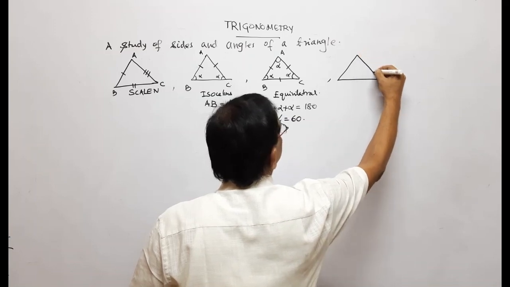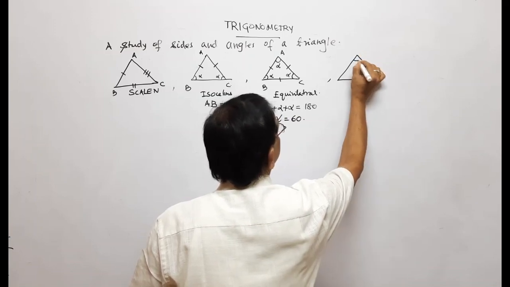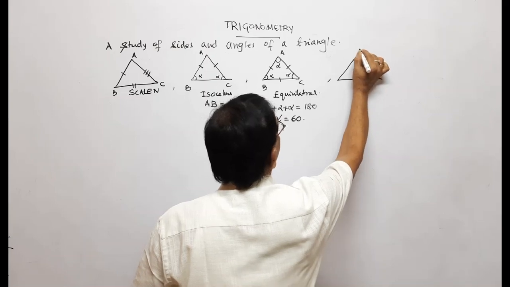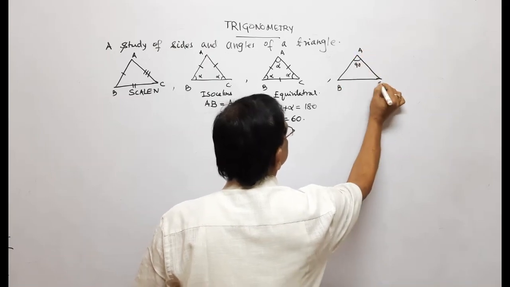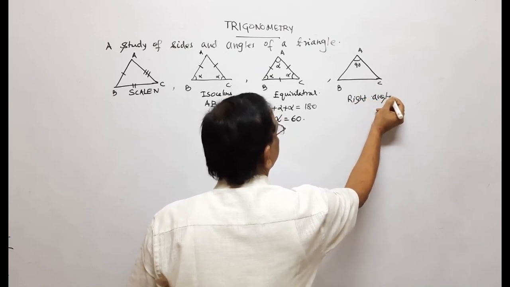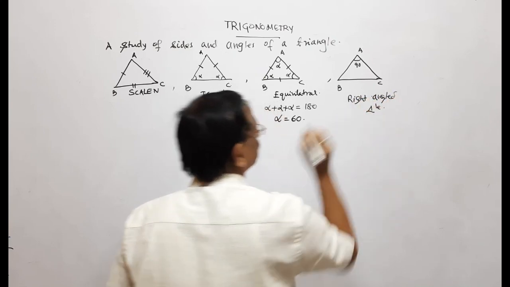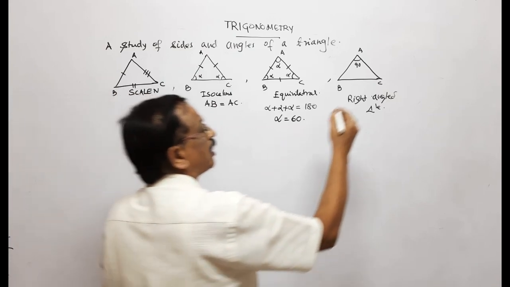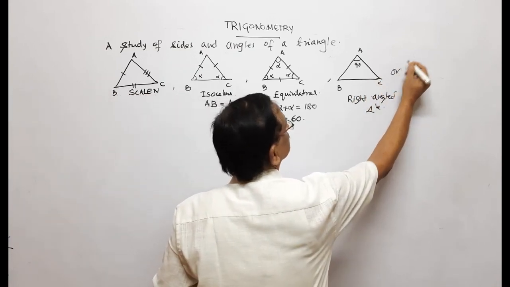Now I have another triangle called a right angled triangle. This is 90. I can say ABC. This is called a right angled triangle. Or you can simply write it like this.